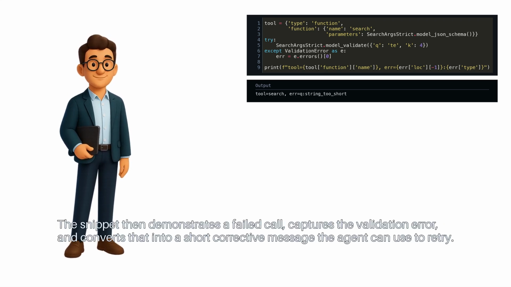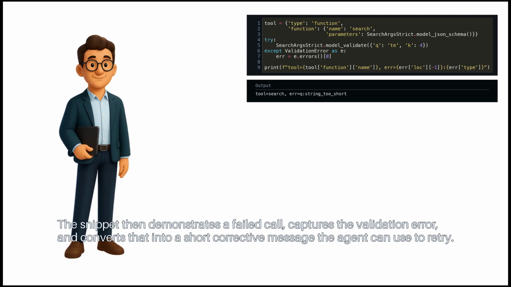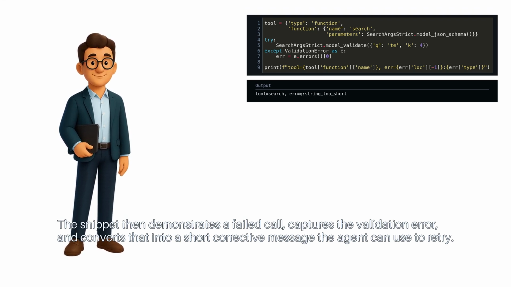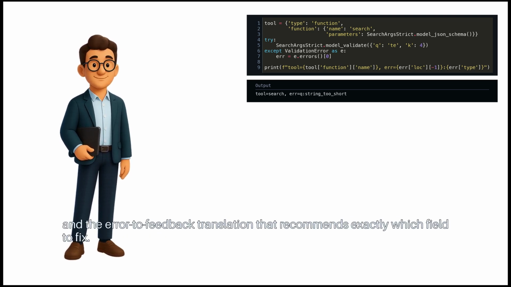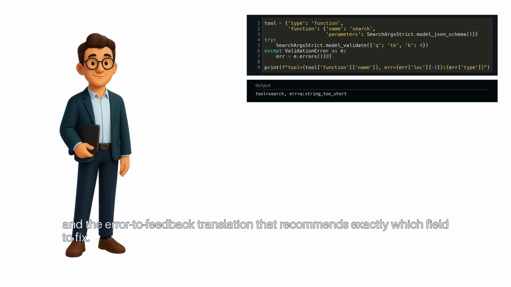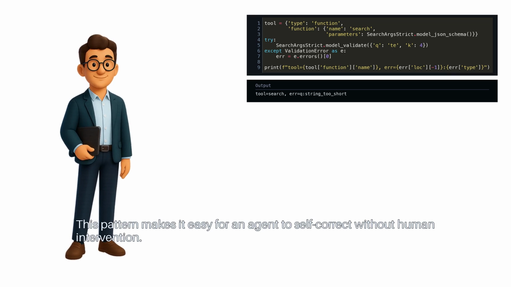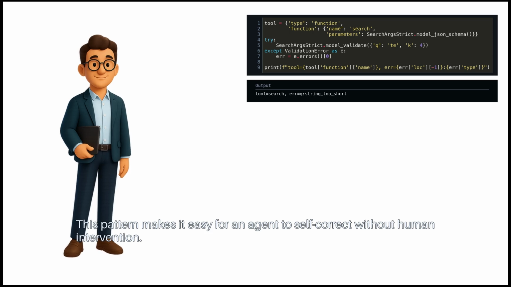The snippet then demonstrates a failed call, captures the validation error, and converts that into a short corrective message the agent can use to retry. The key pieces are the model to schema conversion, the metadata that describes required fields, and the error to feedback translation that recommends exactly which field to fix. This pattern makes it easy for an agent to self-correct without human intervention.